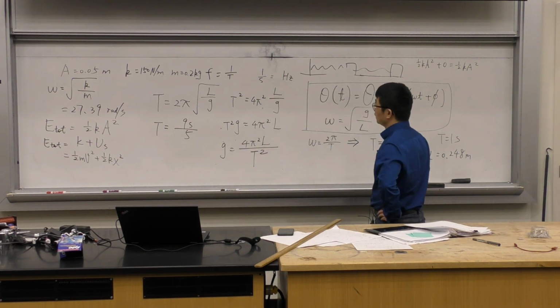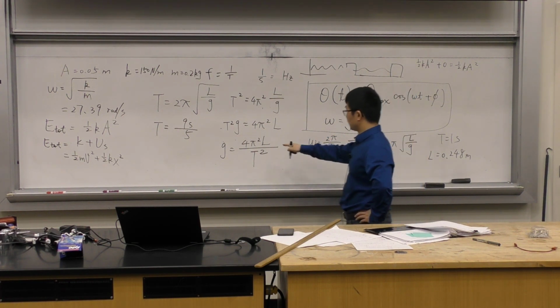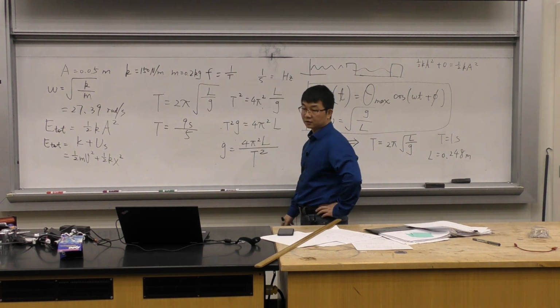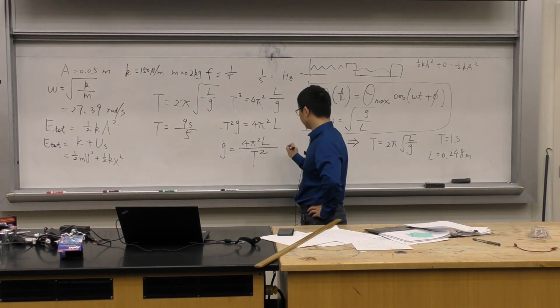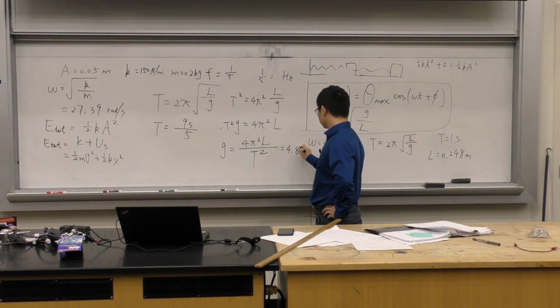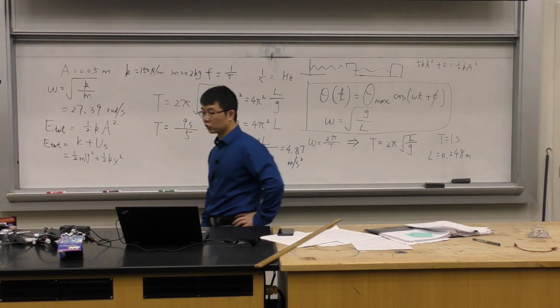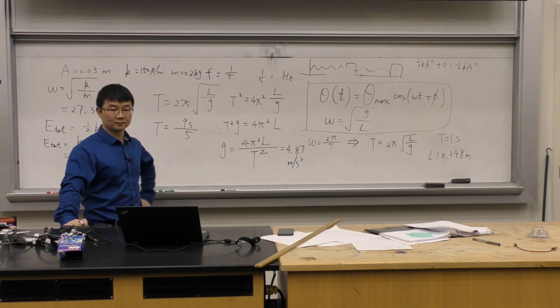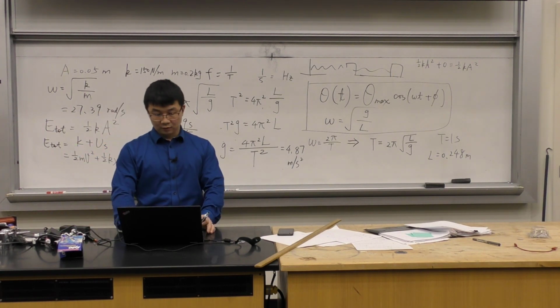All you need to do is plug in the length, which is given, and the period, and you can find the free fall acceleration on that planet: 4.87 meters per second squared. So that's another way to determine the free fall acceleration on a planet.